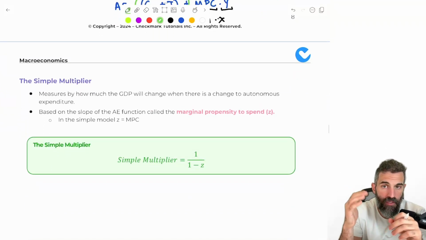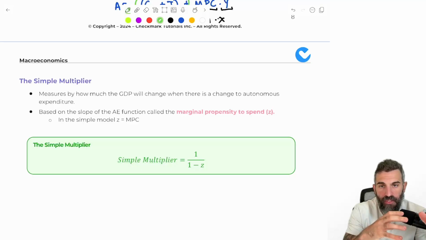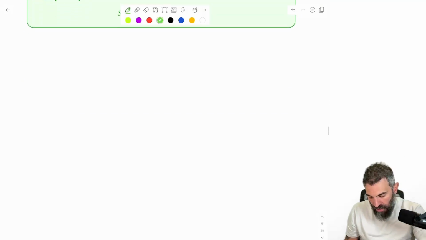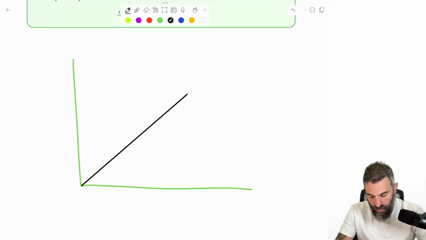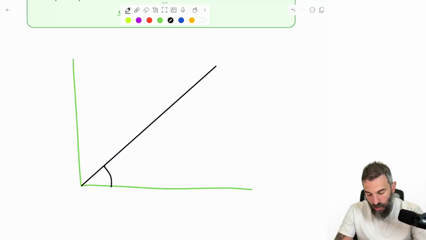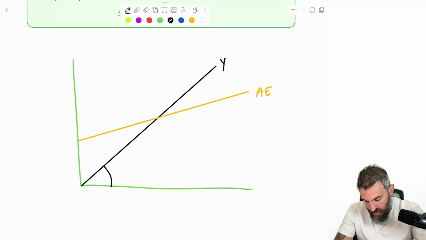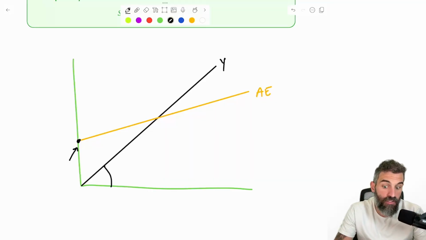So if that goes up, how will that affect the GDP, right? If we looked at it on a graph, again, I'll always come back to the graphs. Graphs are super important in this class, like in any economics class. You've got your national income. Then you've got your aggregate expenditure right here. And remember that the autonomous is that part right there, the intercept.